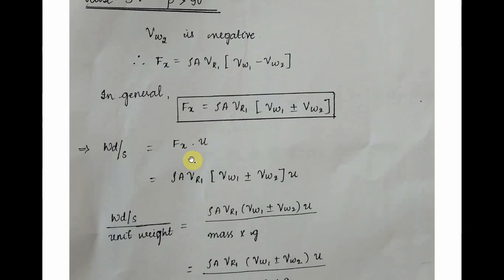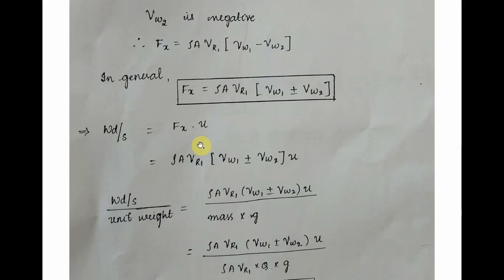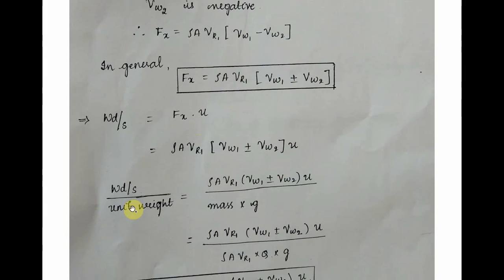Therefore, work done per second is equal to force into velocity, that is Fx in that direction into the velocity U. So work done per second per unit weight is equal to rho A into VR1 into VW1 plus or minus VW2 into U.